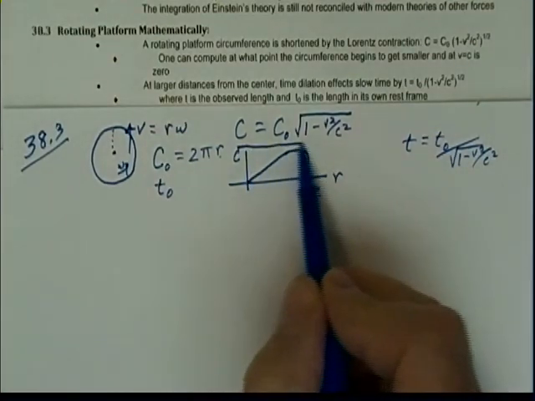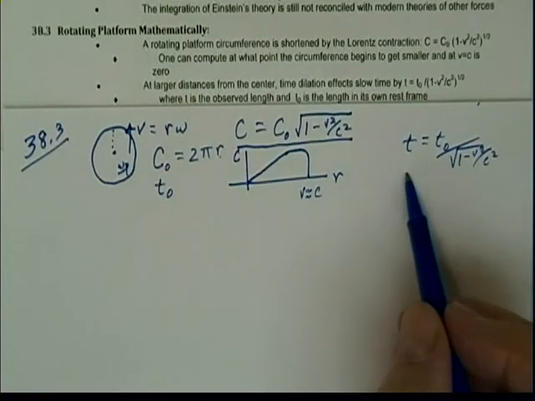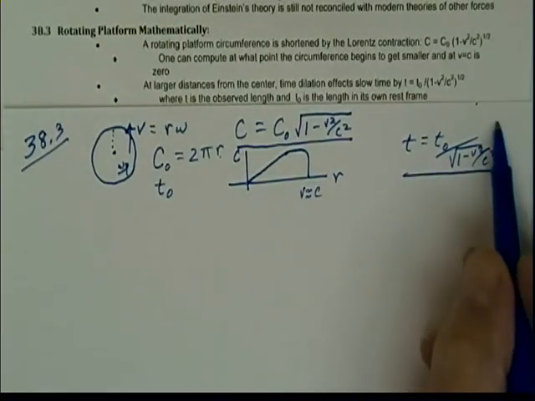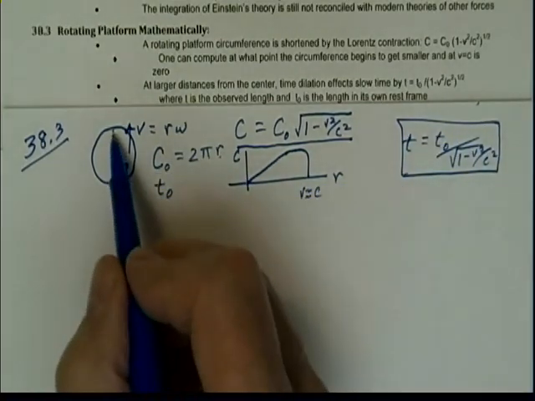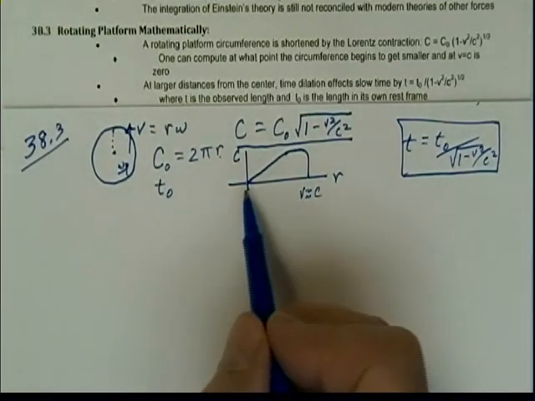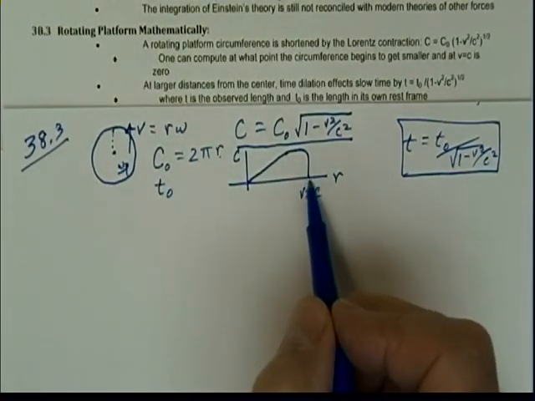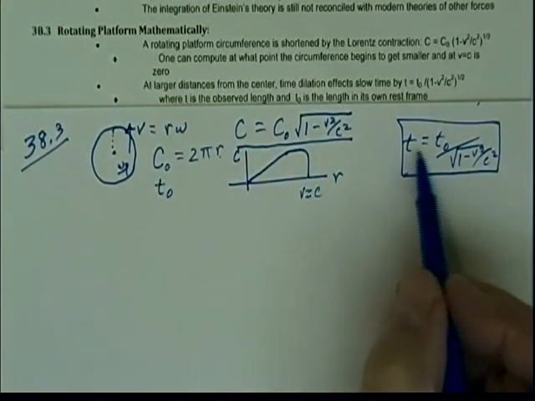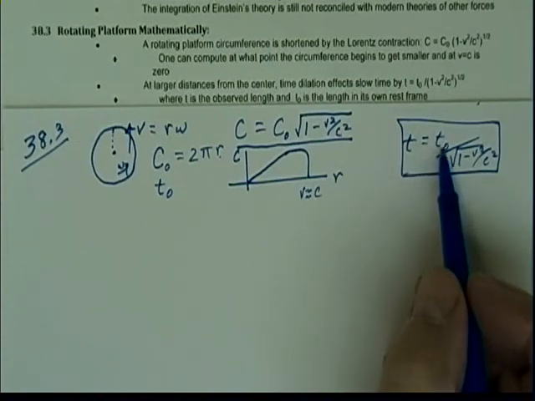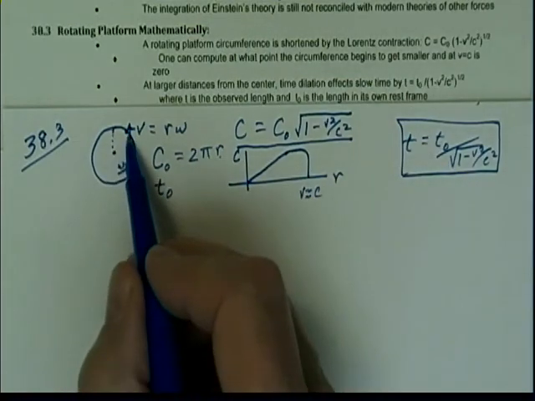And so our lengths get shorter and shorter. At some point, our times stretch out further and further, and therefore clocks way out here, near this limit where the velocity is equal to the speed of light, almost have time standing still. If you were to walk out here, time would not evolve.